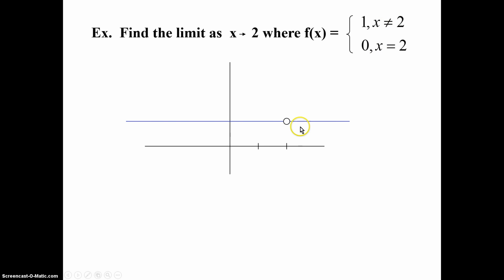And we have an open circle at x equals 2 because that's one of our stipulations. Then we have y equals 0 at x equals 2. That's a coordinate, so when x equals 2, y equals 0. So it's a shaded in circle right there. All we have is just 1 point.